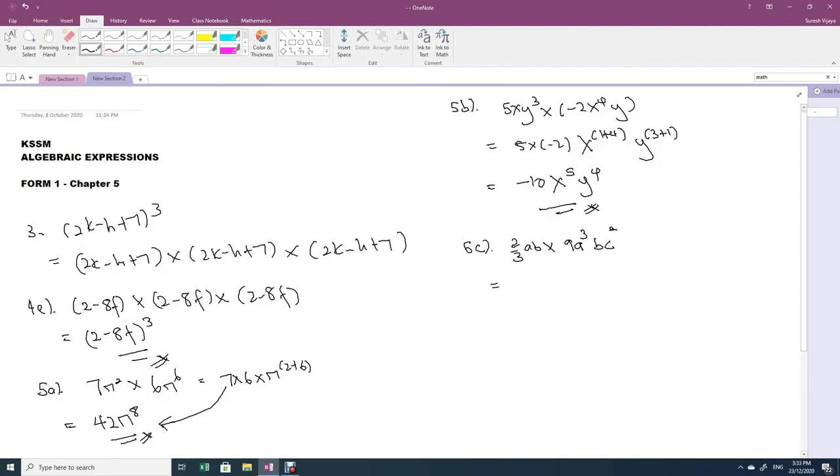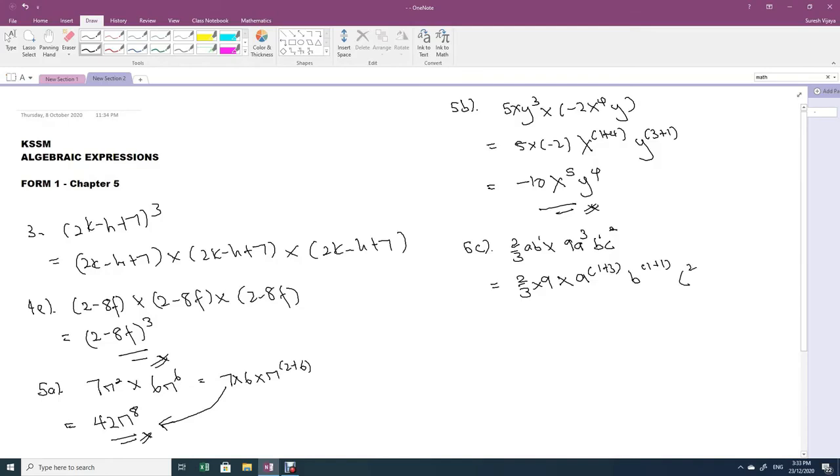So what we do is we multiply. You have 2 over 3 times 9, then for a, this is multiplication, 1 plus 3. Then b is 1 plus 1. Whenever a variable has no power written, the power is 1. So c will remain as c to the power of 2.